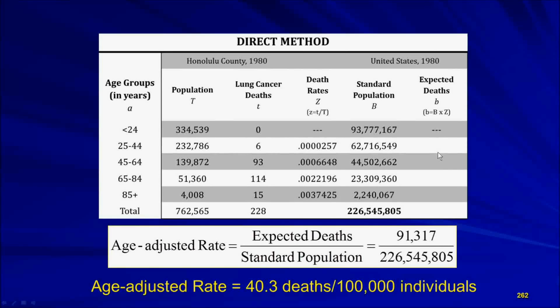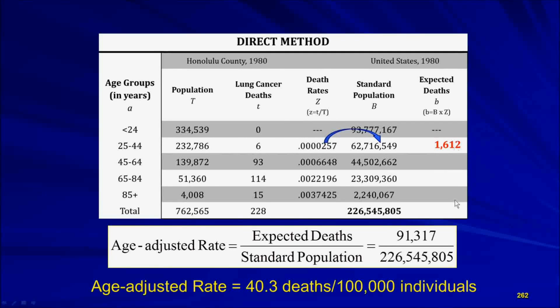Now, just watch carefully as I do this and show it to you. We're going to multiply that value, 0.000257, times the standard population, and there's the expected number of deaths for the age group 25 through 44. So the expected or adjusted death rate is 1,612.